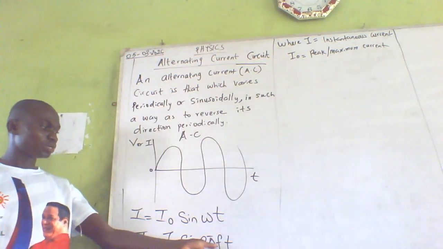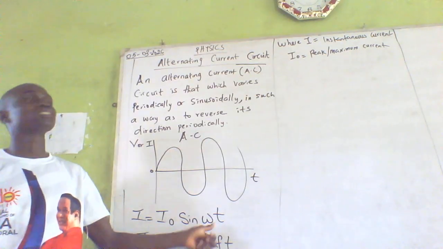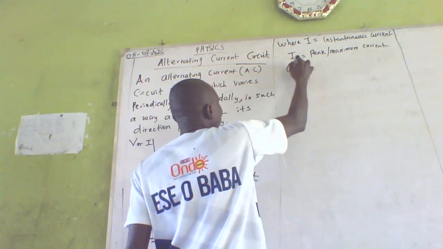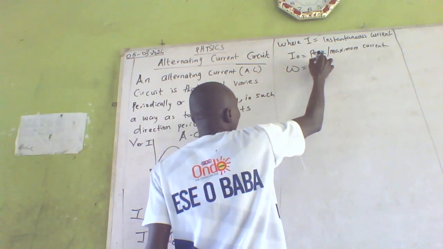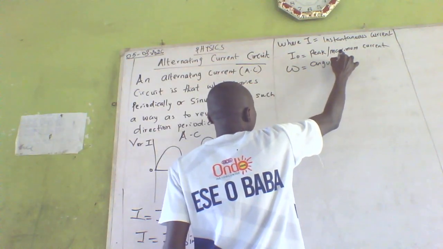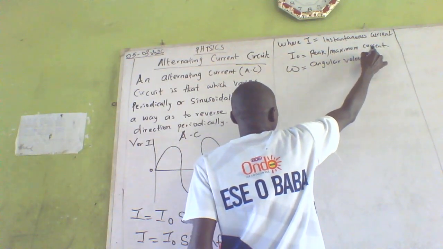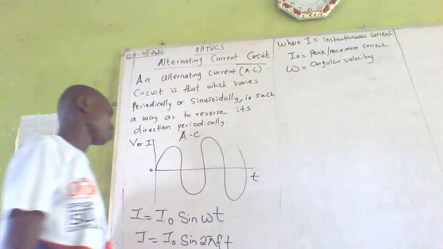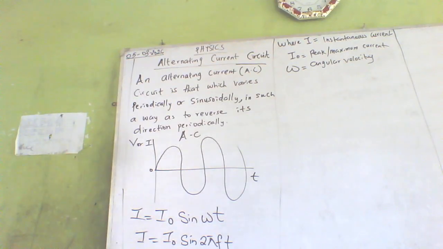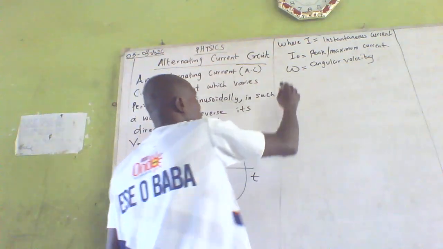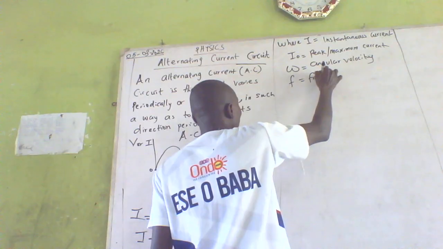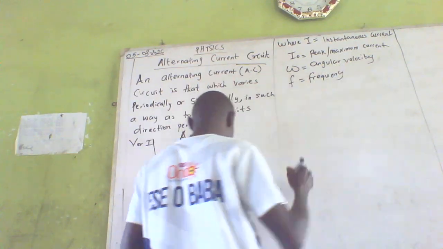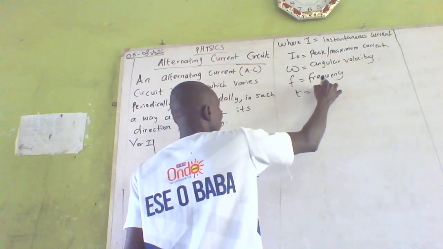Then omega is our angular velocity. F is our frequency, and t is the time. Is that not it? Yes.